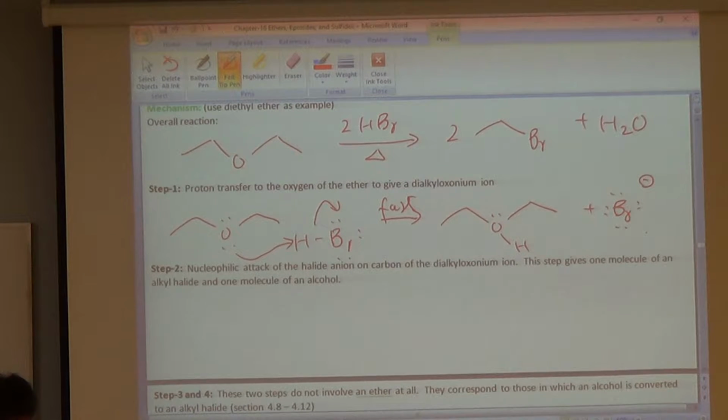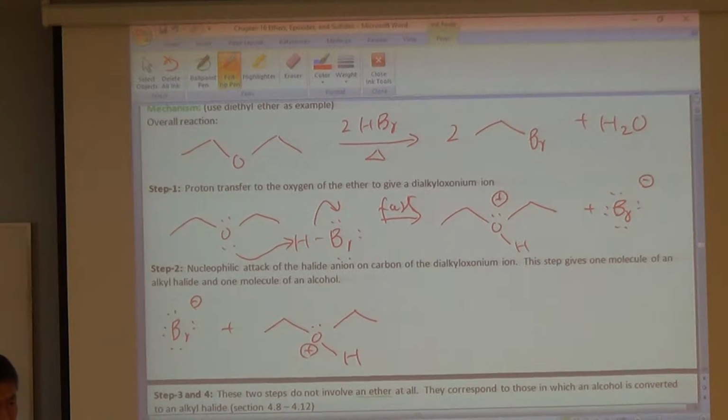And the second step is the nucleophilic attack on this intermediate. Let's take our nucleophile, Br negative, and our intermediate, which has a lone pair of electrons and this positive charge.